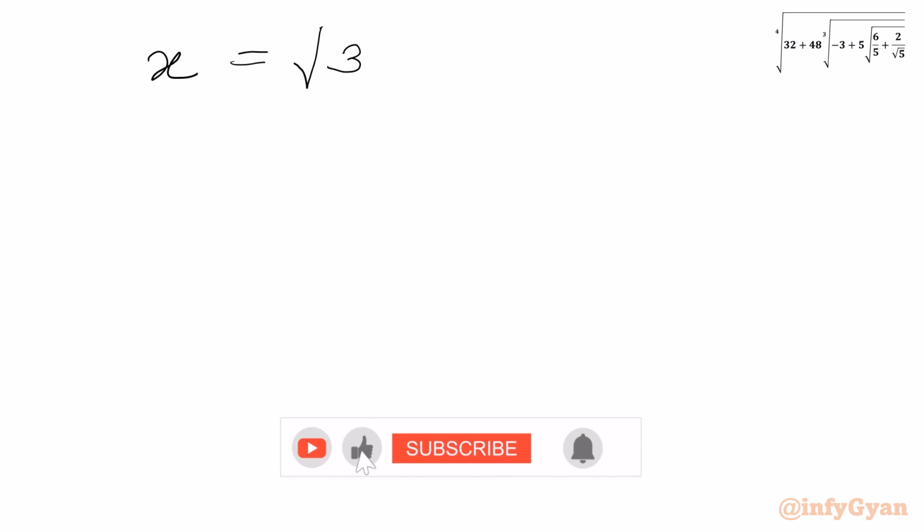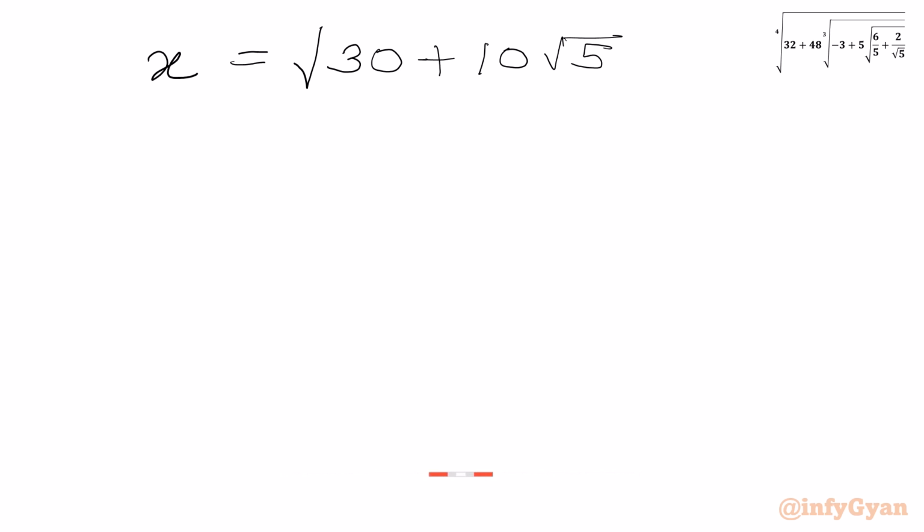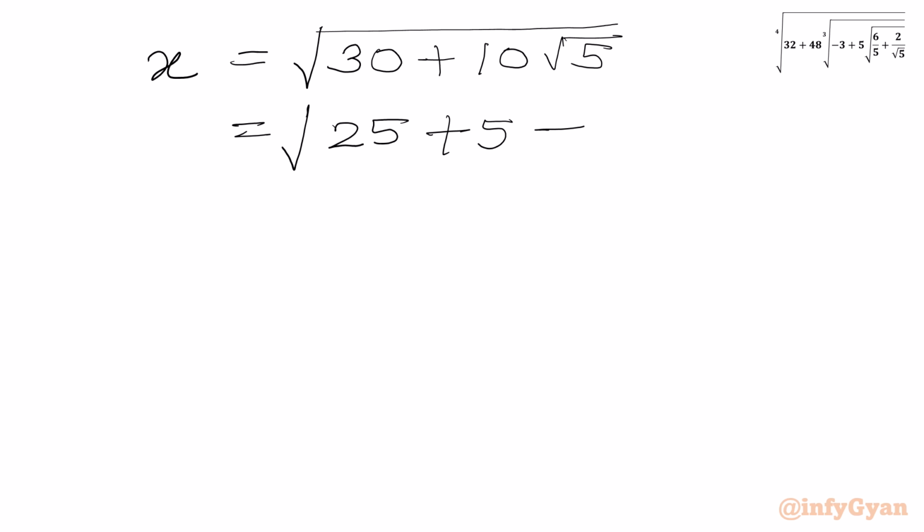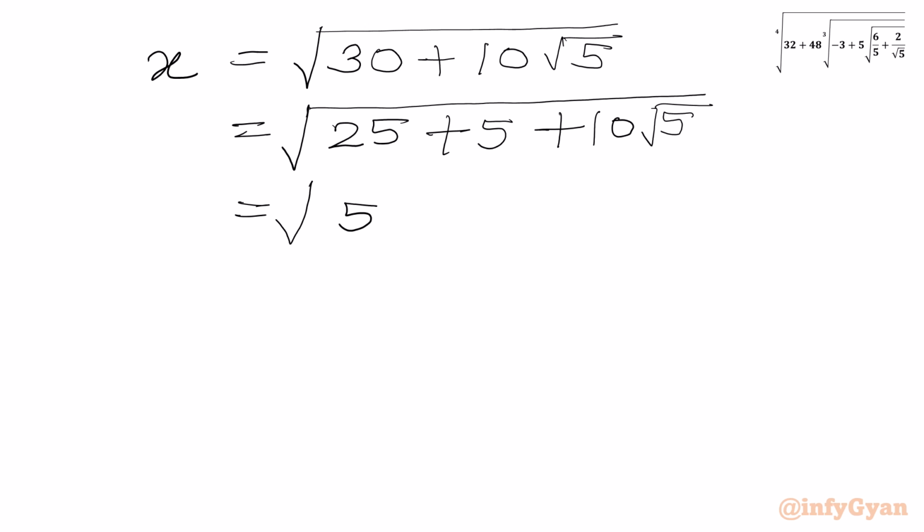Now we will simplify this x. x is equal to the square root of 30 plus 10 square root 5. So I can split 30 as 25 plus 5. Then we have 10 square root 5. Can we write 25 as 5 square, 5 as root 5 square? And this 10 root 5 we can write as 2 times 5 times root 5.